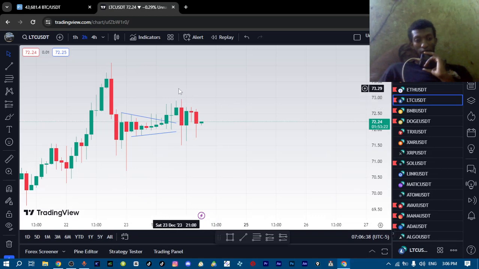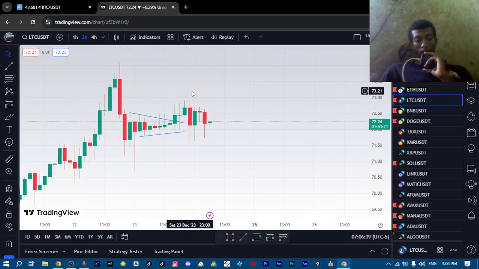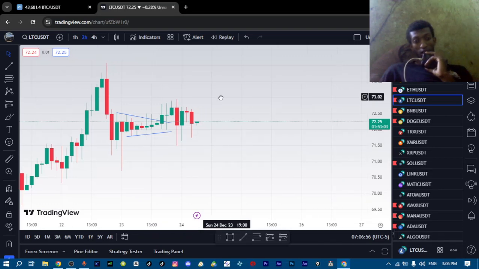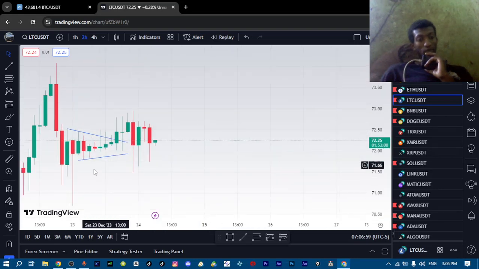That swing low or swing high will be used as a stop loss placement and or a take profit point. So that's why we put our stop loss down here.